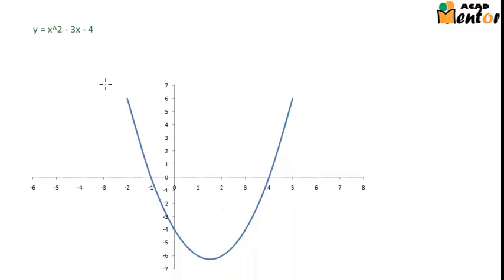Suppose there is a polynomial which is defined as y is equal to x raised to the power 2 minus 3x minus 4. So I have plotted this graph on a coordinate plane where this is the x-axis and the vertical one is the y-axis. So this is the graph of the polynomial x square minus 3x minus 4 equal to y.